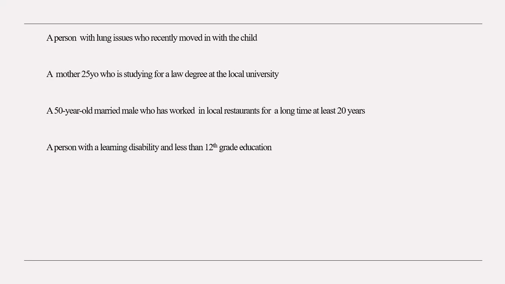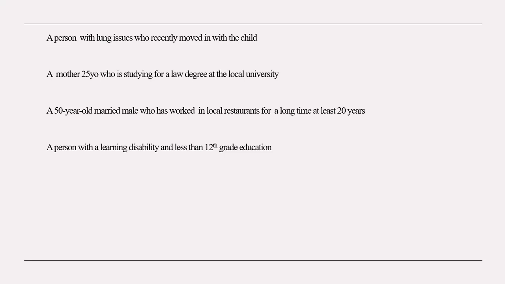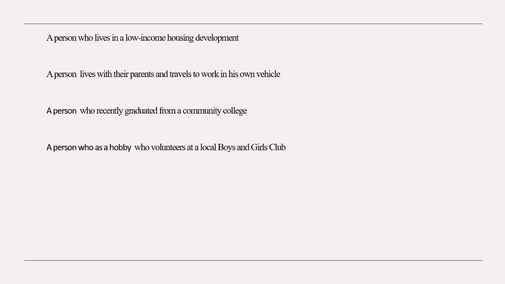Okay, here we have 4 people. And the question is, who is at most risk for adverse effects? Okay. That person that's living in that low income housing development. This person has a support system.